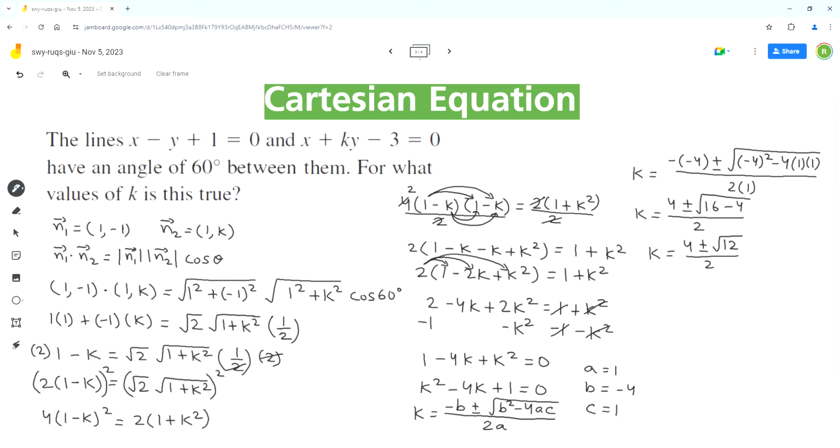We can simplify square root of 12. 4 times 3 is equal to 12. And square root of 4 is equal to 2. So square root of 12 can be written as 2 square root 3.